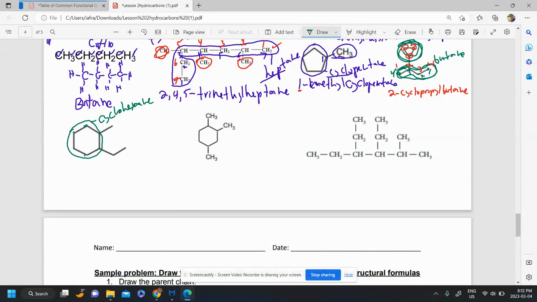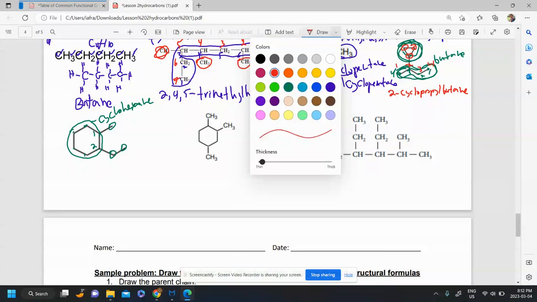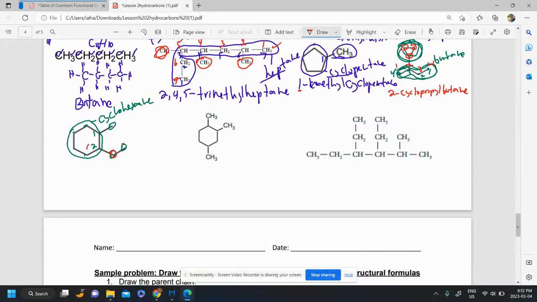Now, here's a tricky part. We can number this 1 methyl to ethyl, or you could number it 1 ethyl to methyl. It's the same numbering, 1, 2, right? So which one deserves to be 1 and which one deserves to be 2 in a situation where the numbering doesn't make a difference?